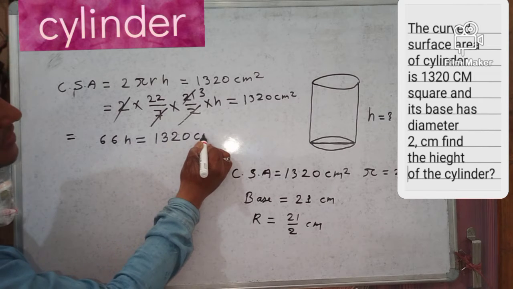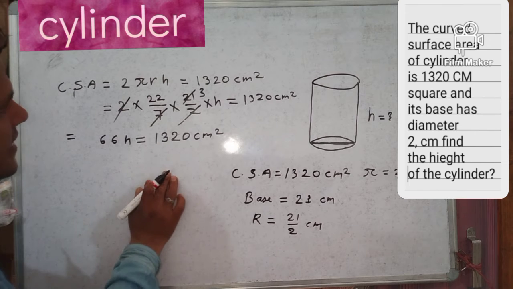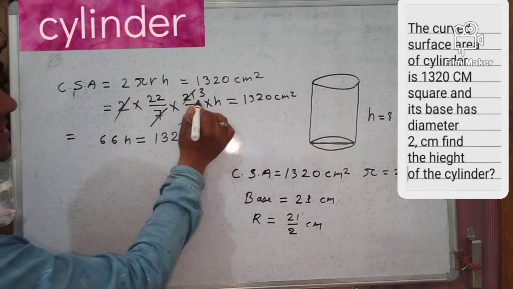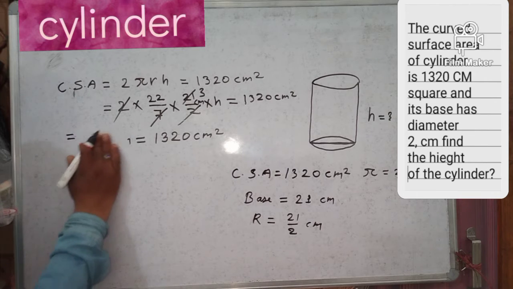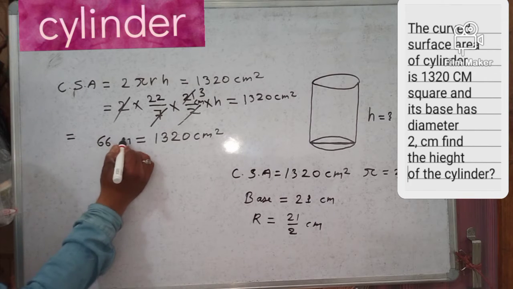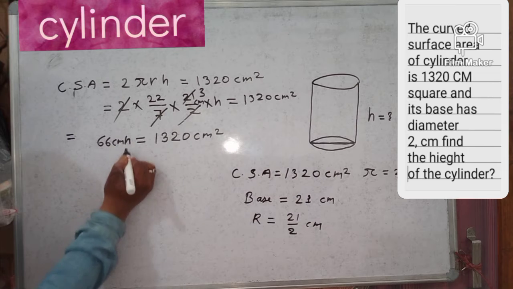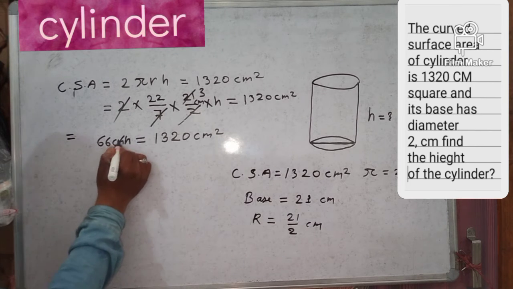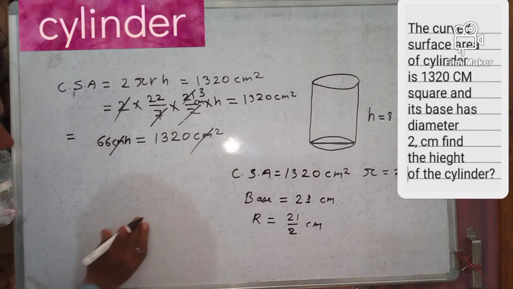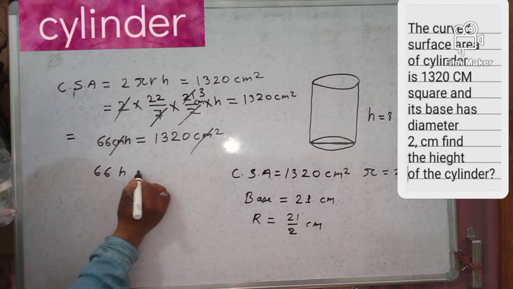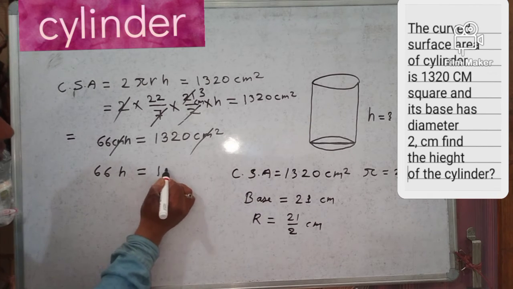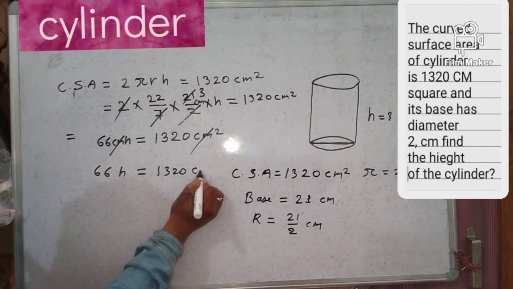1320 centimeter square. And now see here friends, this is given in centimeter, so this will also be 66 centimeter h. So centimeter and centimeter will be cancelled. So 66 h is equal to 1320 centimeter.